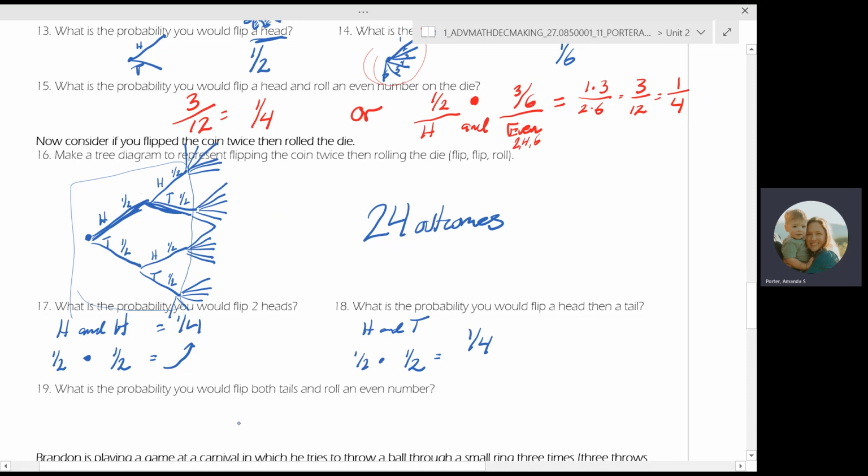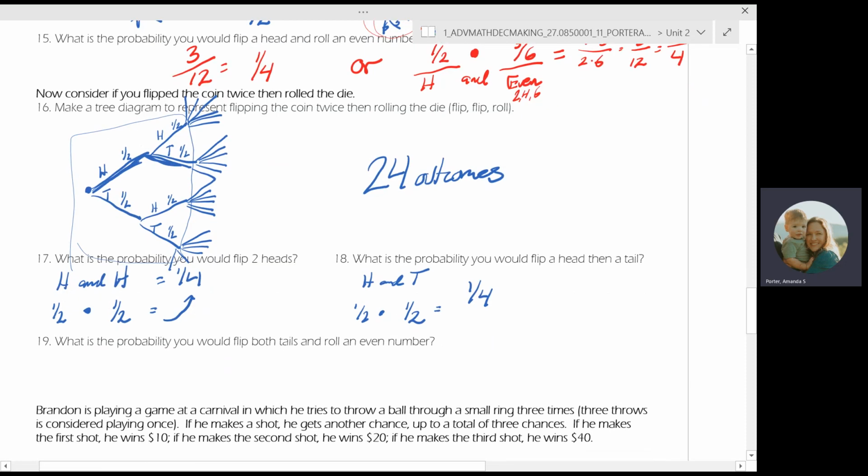Now, what is the probability you would flip both tails and roll an even number? So if you want to think about this as the multiplication piece, you can, or you can count, and I'll show you the counting in a second. But flip both tails. So this is tail and tail and even.